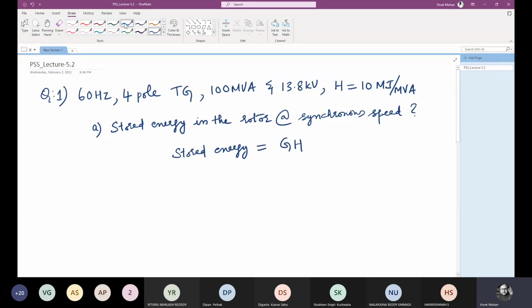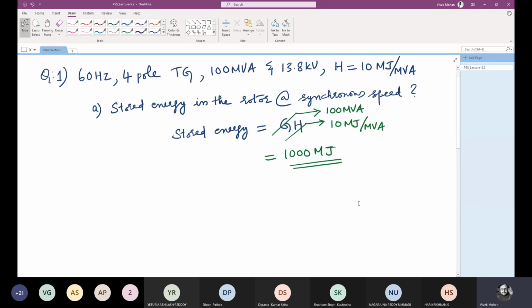So what is G here? 100 MVA. Then what is H? 10 megajoules per MVA. So stored energy equals 1000 megajoules.